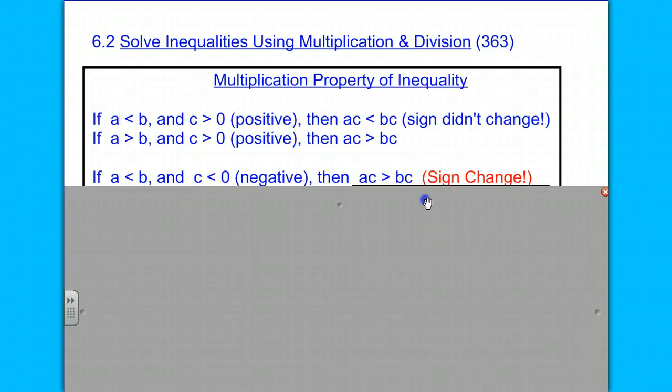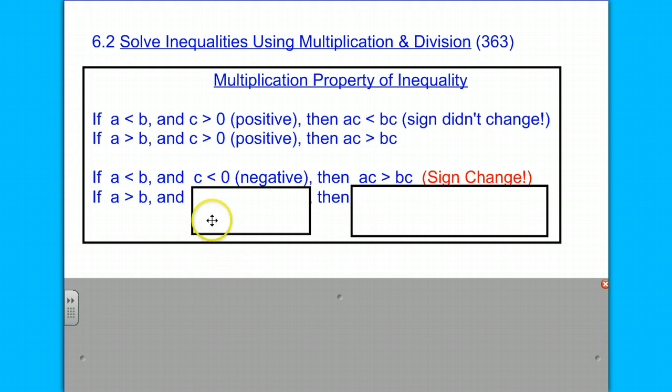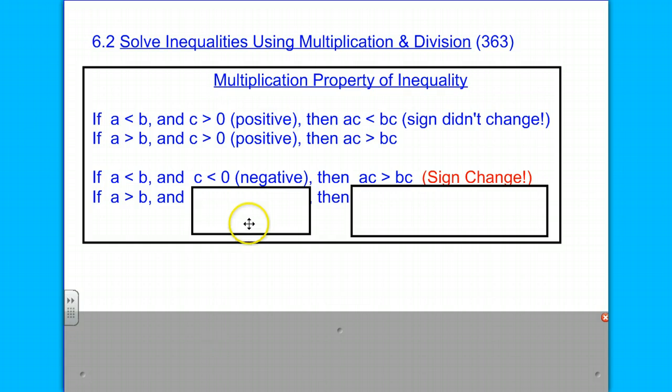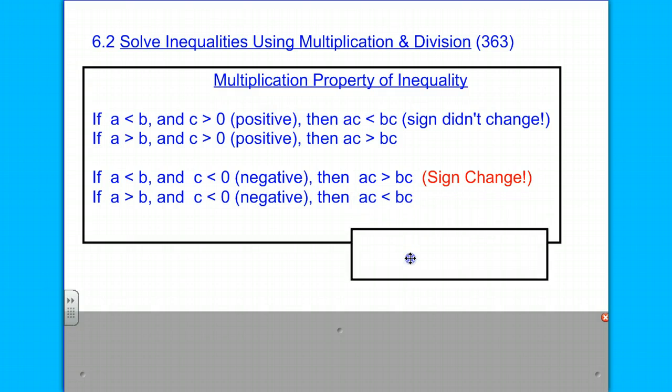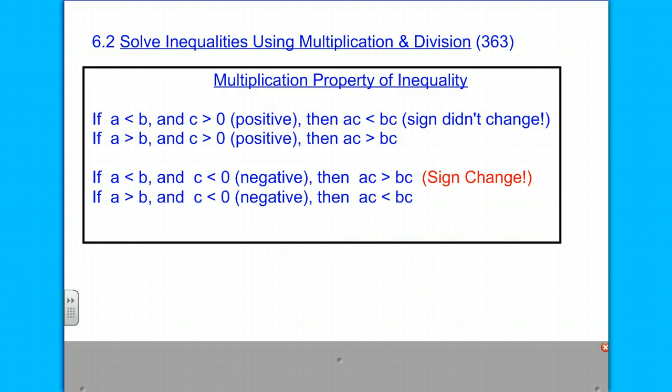We switch the sign. And the same is true if we start with a greater than inequality. No matter the inequality, if we multiply both sides by a negative, then if A was greater than B, now AC is less than BC because we have multiplied both sides by a negative.